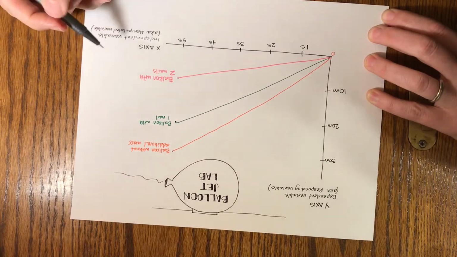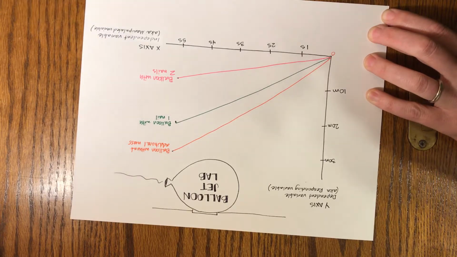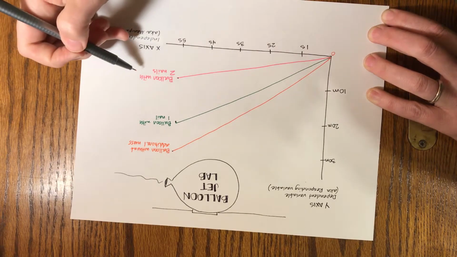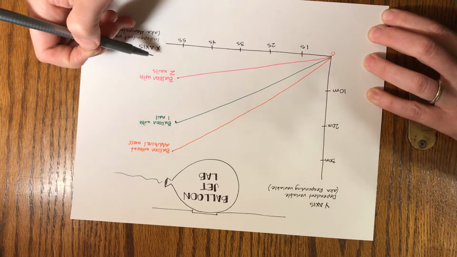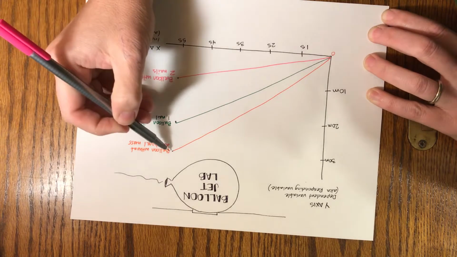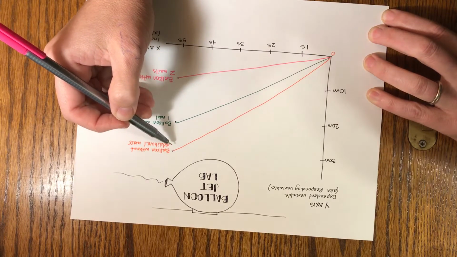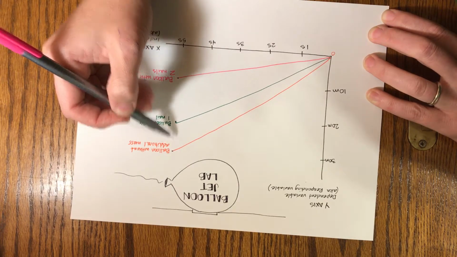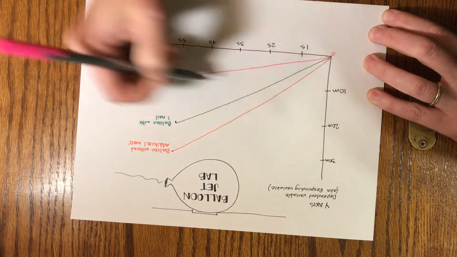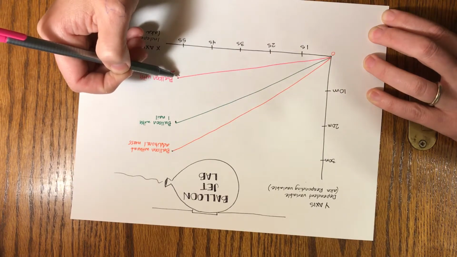So what if we were asked questions about interpreting this as it relates to Newton's third law? Which balloon went the farthest? That's the one with the least mass, right? Which balloon went the slowest? That's the balloon with the most mass, right? 10 meters in 5 seconds.